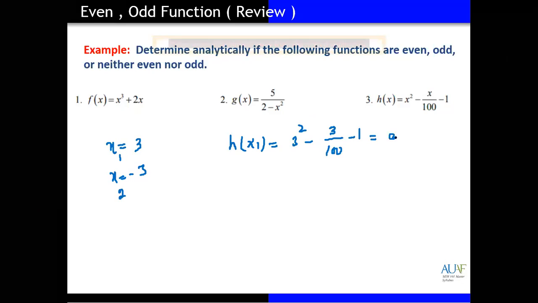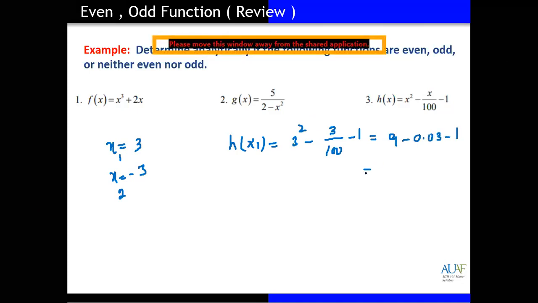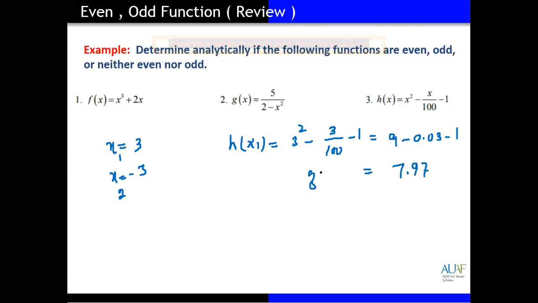We have 3 square 9, minus 3 divided by 100 equal to 0.03, and minus 1. So we have 9 minus 0.03 minus 1 equal to 7.97. This is h of x1.